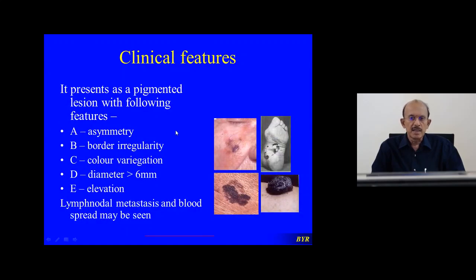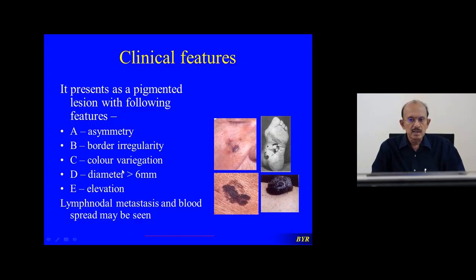So clinically, it presents like a pigmented lesion with the following features: A, B, C, D, E. Asymmetry, border irregularity, color variegation. That means it is not uniformly black. At some places it is light colored, in some places dark colored. So it is variegated.